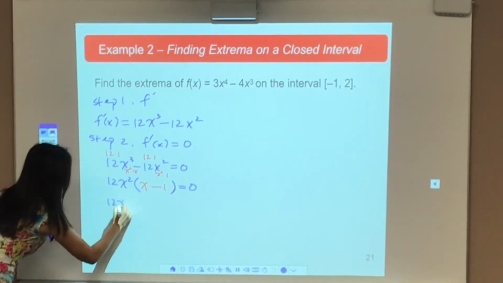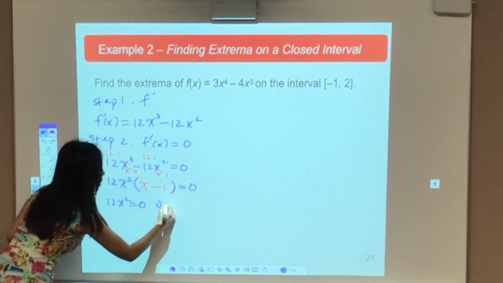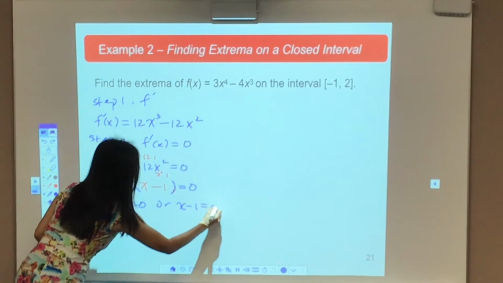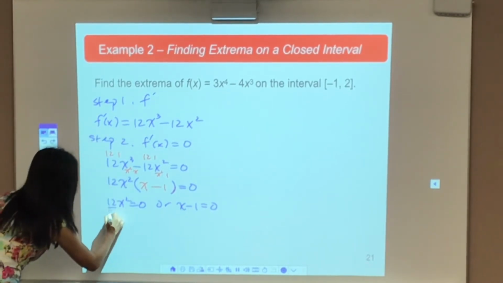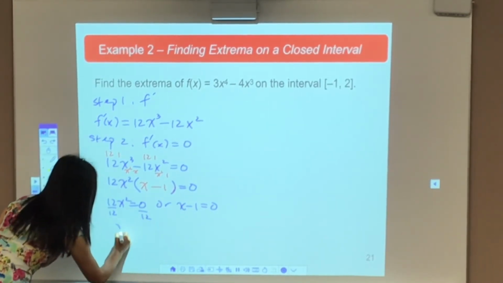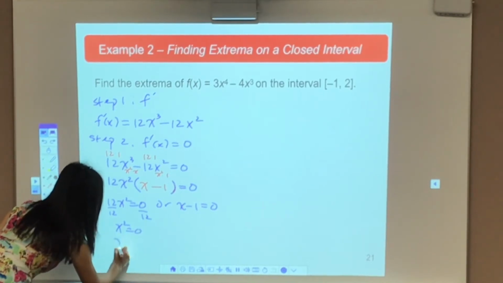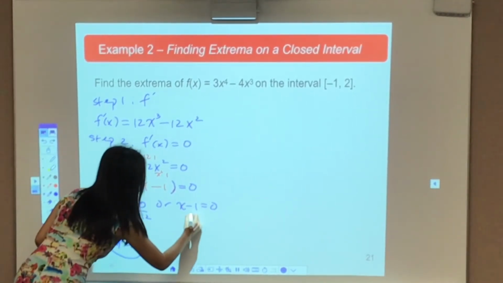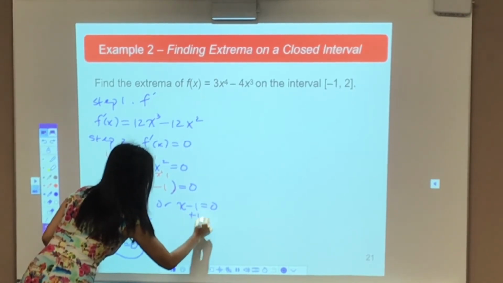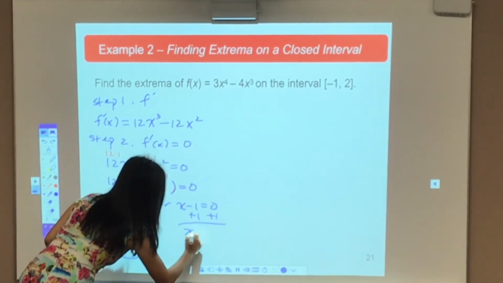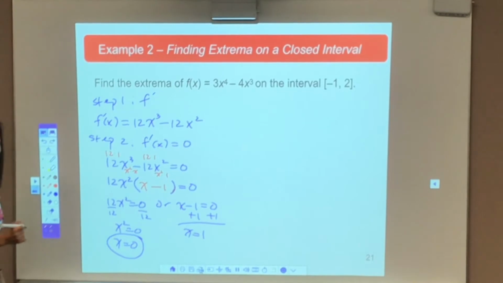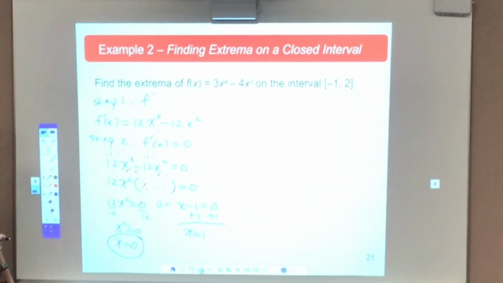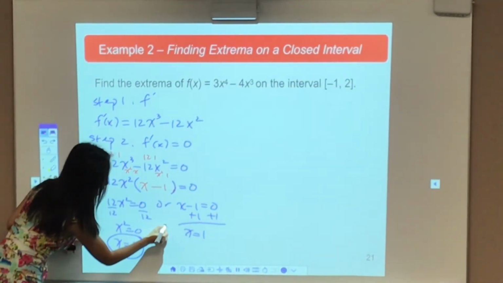So 12x squared equals 0, or x minus 1 equals 0. X equals 0, so x is simply equal to 0. The other one is x equals 1. So I have 2 critical numbers, right? Is everybody with me? I have 2 critical numbers.